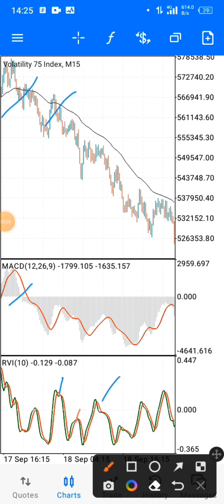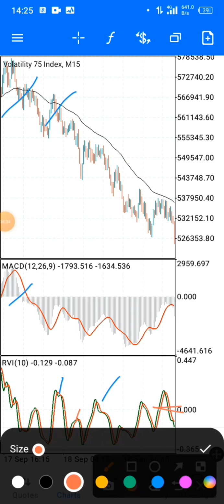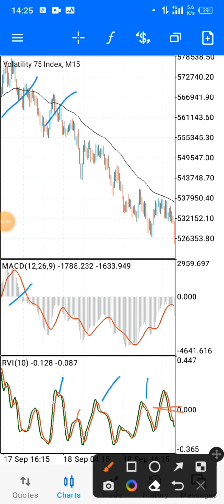Why? Because the green and the red crossed below the 0 level, so we don't take that trade. We're only going to be taking these trades right here when it crosses above the 0 level. So here, and here, that one is here and here.